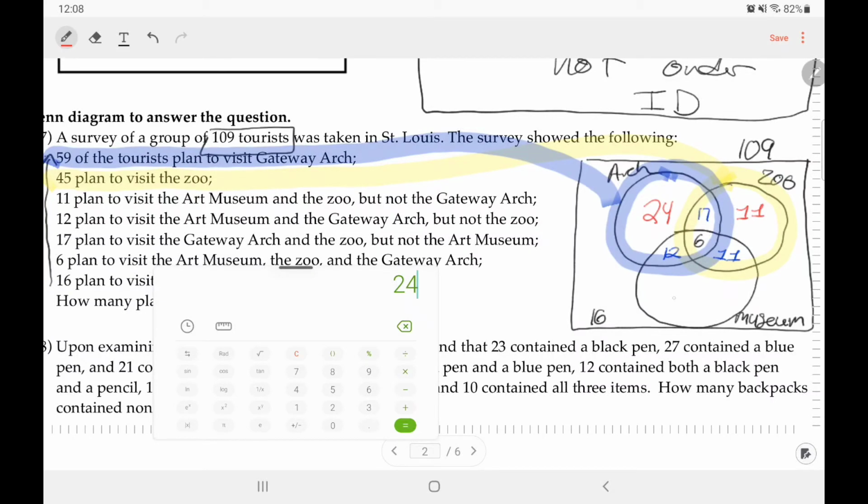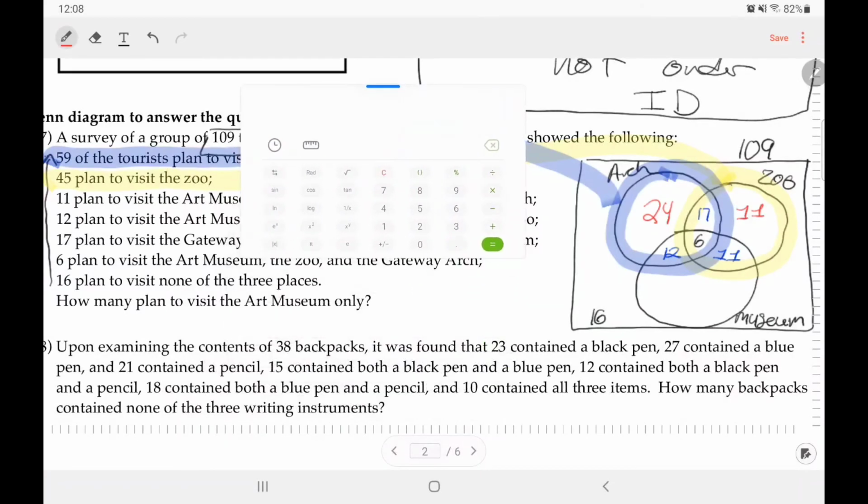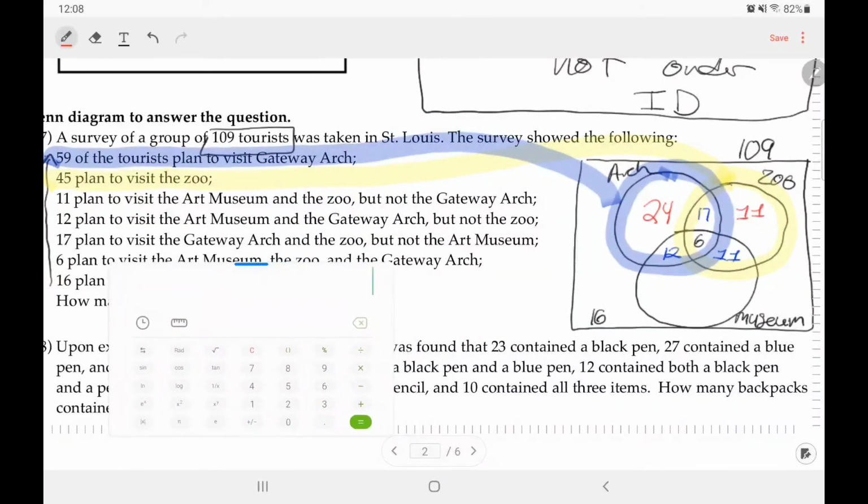I have one piece left to find in the Venn diagram, and that is going to be art museum only, which also will answer the question. To find art museum only, we're going to add every number that is inside of my Venn diagram. And please remember to add the 16 on the outside.